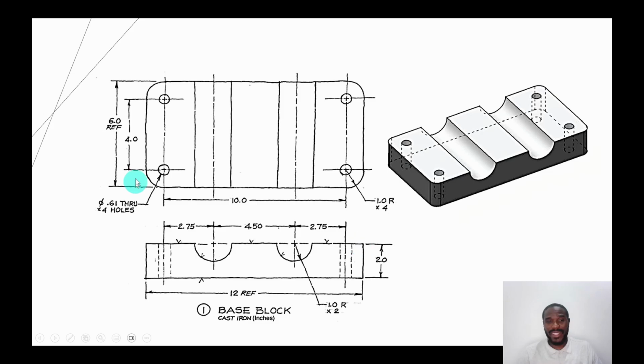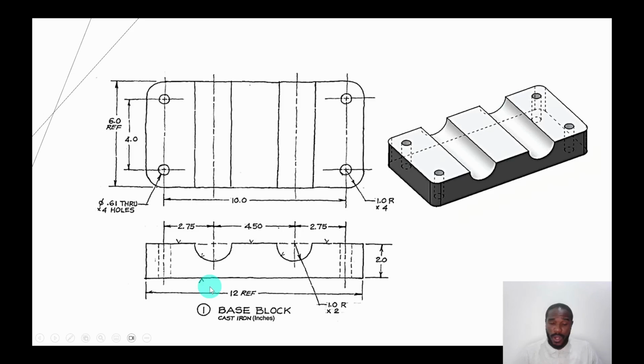If you look at the isometric view, the length from this edge all the way to that other edge is 12. The thickness of this model is 2 inches, and then the depth in is 6. So I'm going to draw this face and then extrude it inwards by that amount to give us this model.